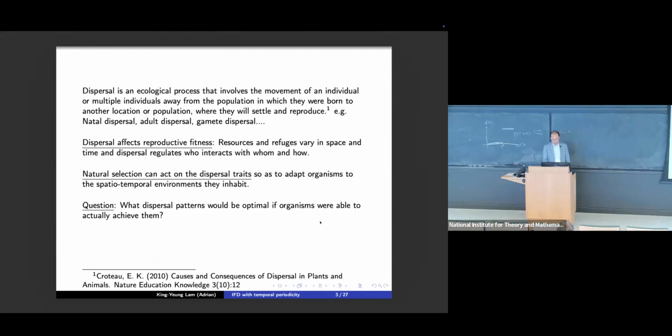Right. So the main question I want to discuss today is evolution of dispersal, and I'll frame it as: given an environment, I want to study what kind of dispersal behavior is being selected. So the input is environmental parameters, and I want to look at selection for dispersal strategy or dispersal pattern.